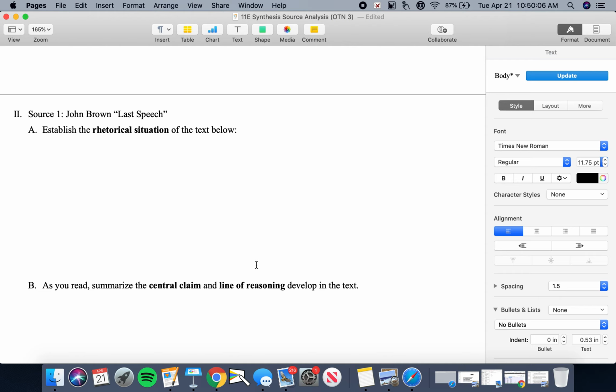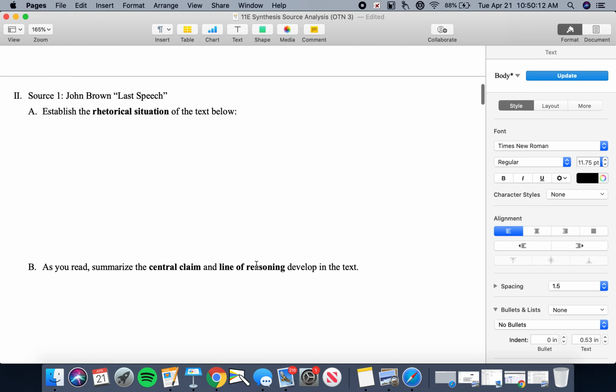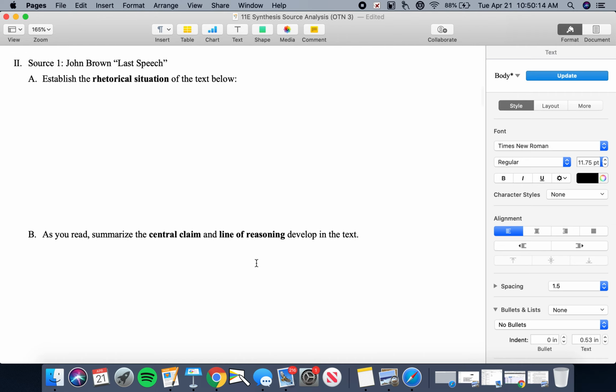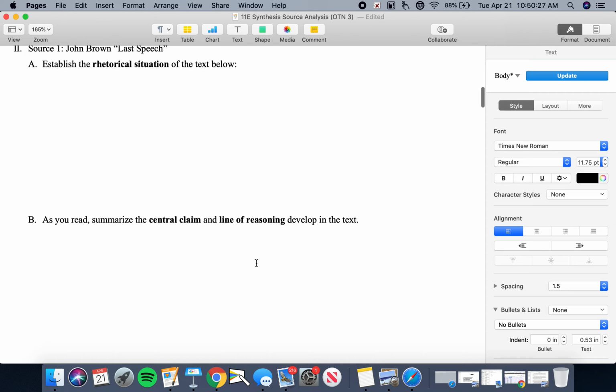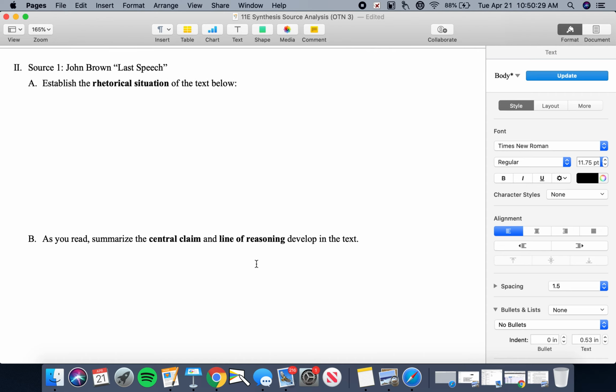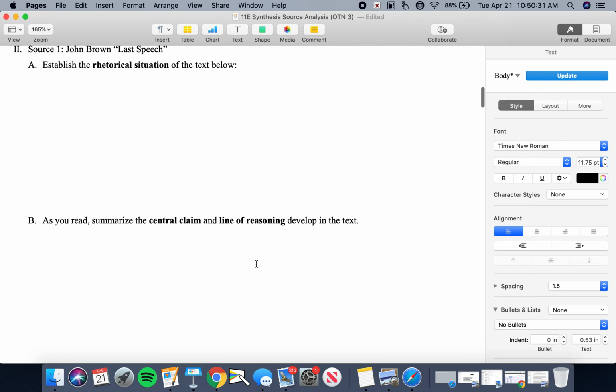He was executed in Charleston, West Virginia, shortly after this speech. And basically, what he is doing is attempting to articulate why he did what he did and whether or not he feels bad about what he did. And I'll give you a kind of hint. He doesn't feel bad, all right? He feels completely justified in what he did, and sort of intimates that he would do it again because it was the right thing to do.